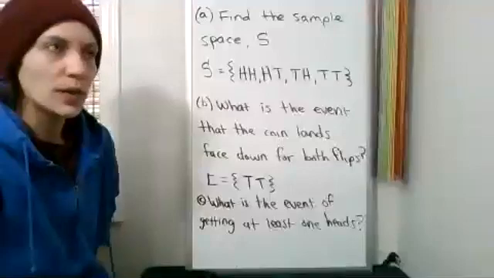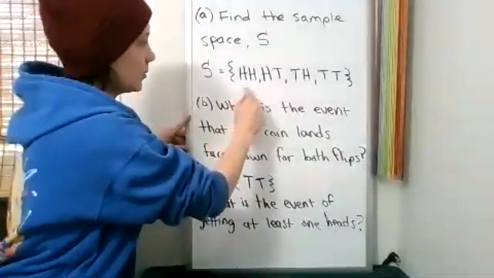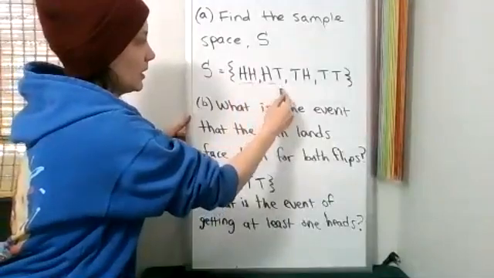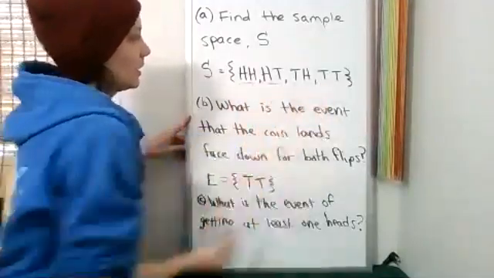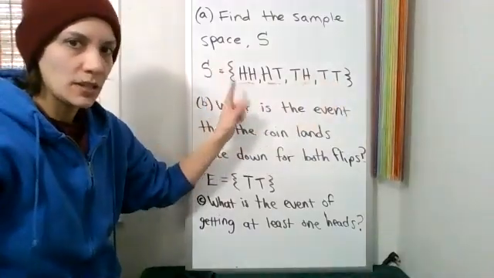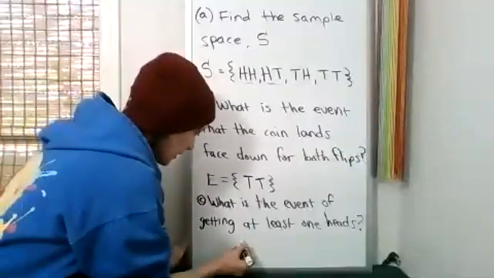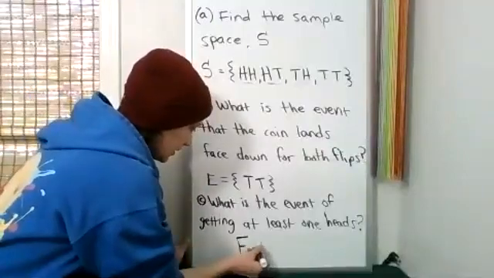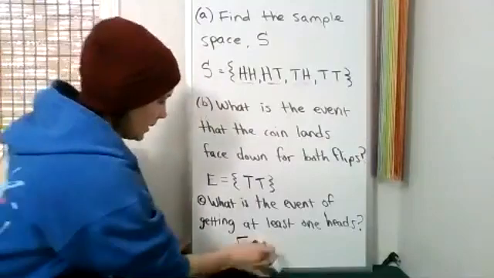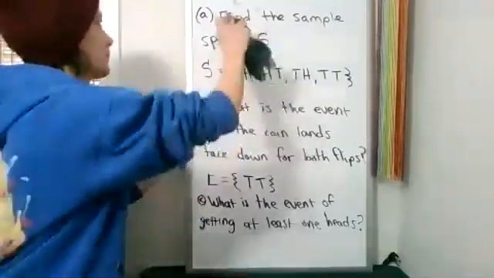Okay, at least one H. So we can use this one, it has at least one of them. So does this one. So does this one. We can't use that last part. So HH, HT, TH are contained in the set.